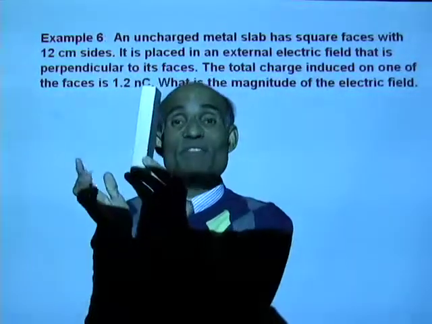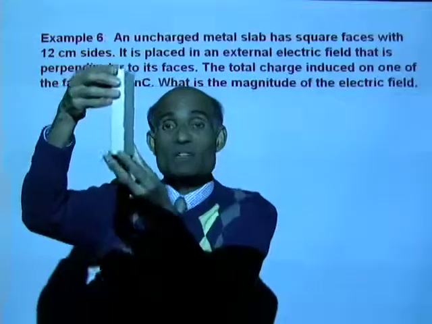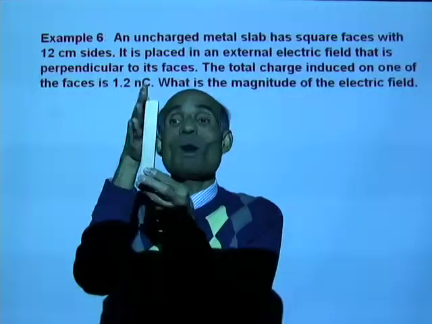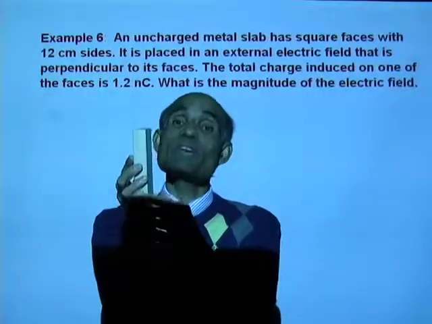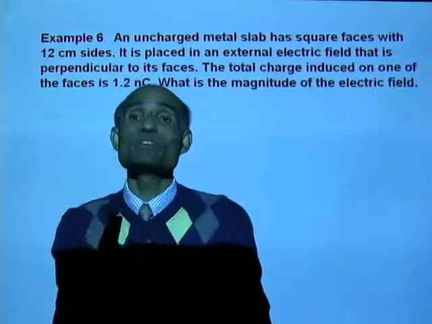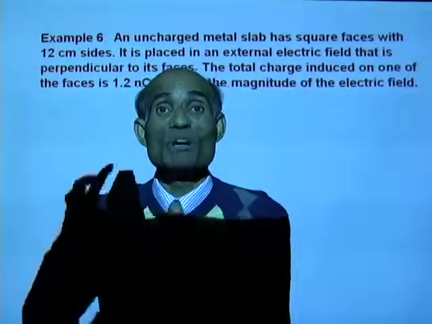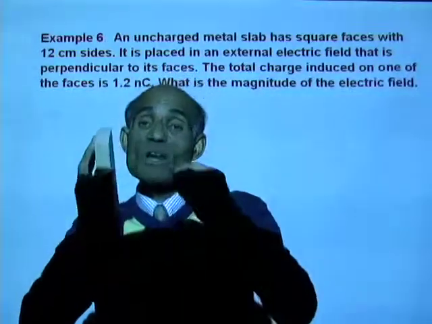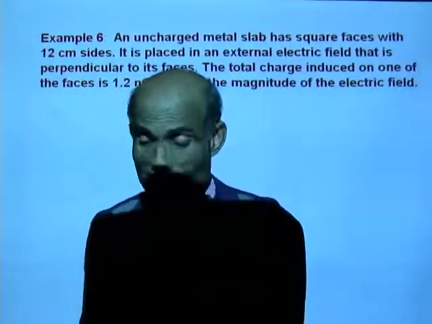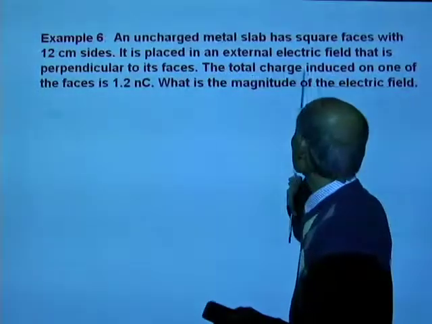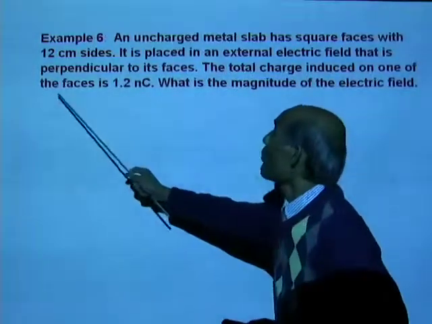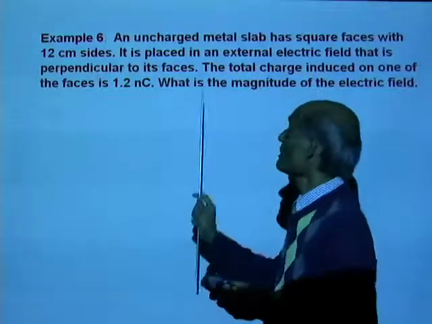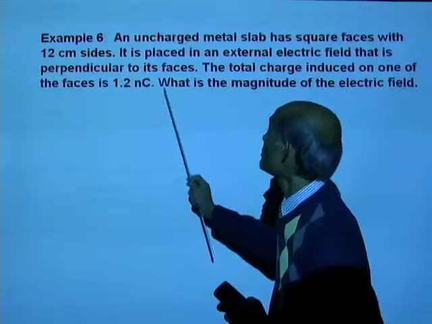So the net effect of placing this metal slab at right angles to an electric field is that one face will get negatively charged and the other face will get positively charged. We call it the induced charge. Each face will get induced electric charge. The total charge induced on one of the faces is 1.2 nanocoulomb. Now you understand the meaning of the induced charge.